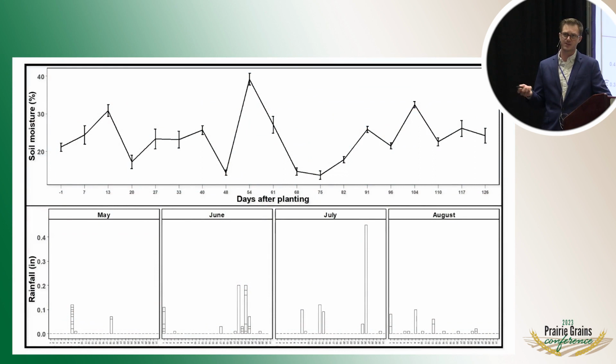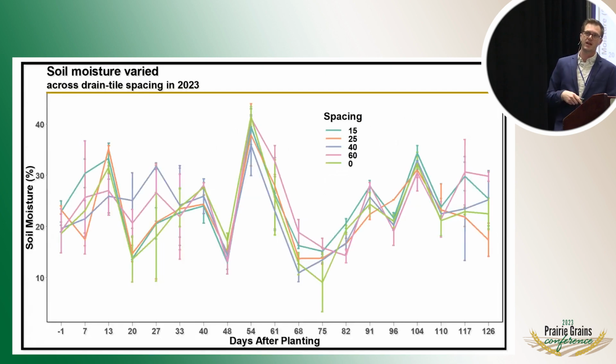So here you can see a simple graph of soil moisture that was collected at the top. You can see the soil moisture going up and down, and here is our rainfall data for Crookston. I just want to show that general trend where we receive rain and obviously soil moisture goes up. Now moving on, we actually have data for all of our drain spacings. You can see there are some differences, but there's really no significant differences between those drain spacings throughout the season.